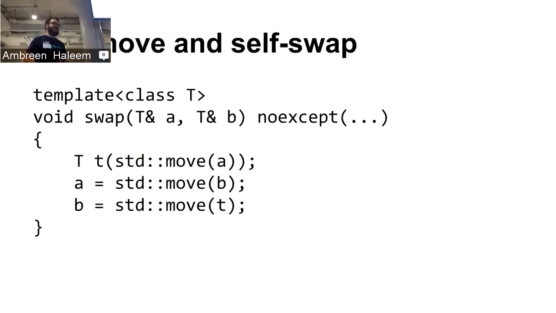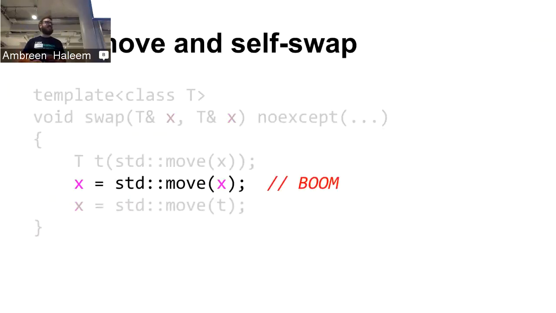The reason this happens is because std swap is implemented in terms of move, and if we swap something with itself, we've got this line that tries to move something into itself. And this is the thing that triggered the assertion, right? The attempt to move itself.